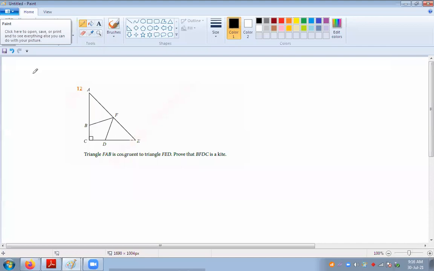So here we have that triangle ABF is congruent to triangle FED. These two are congruent.